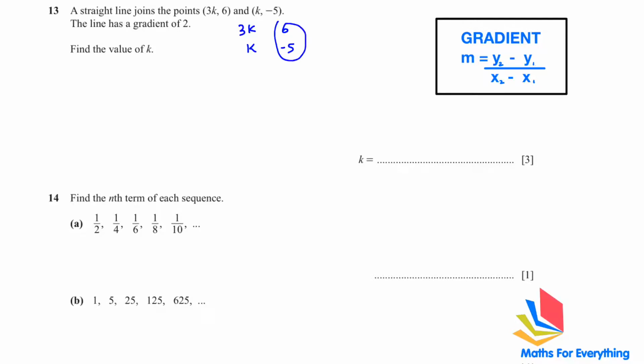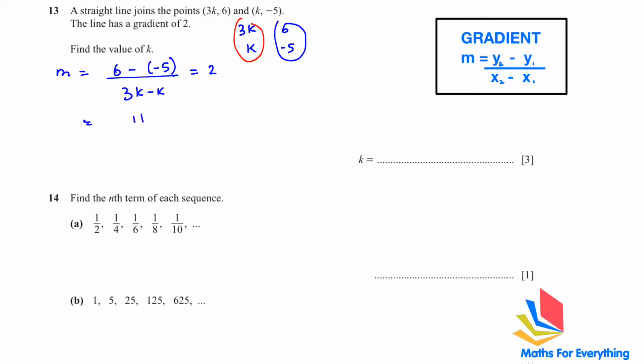This is your y. So for the gradient, we are going to write 6 minus negative 5. Remember that there's a negative with the 5 and there's also a negative in our formula. And then the x, 3k minus k. This is equal to the gradient. What is the gradient? 2.